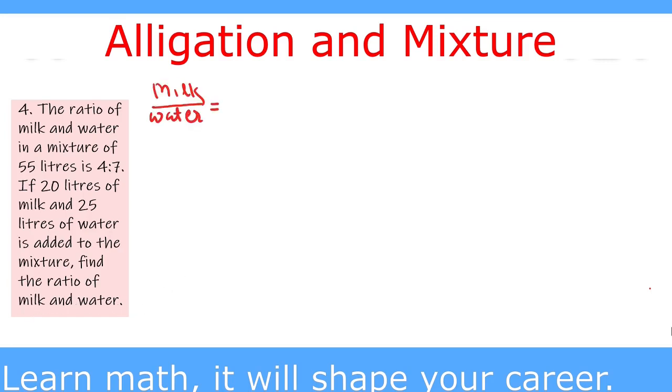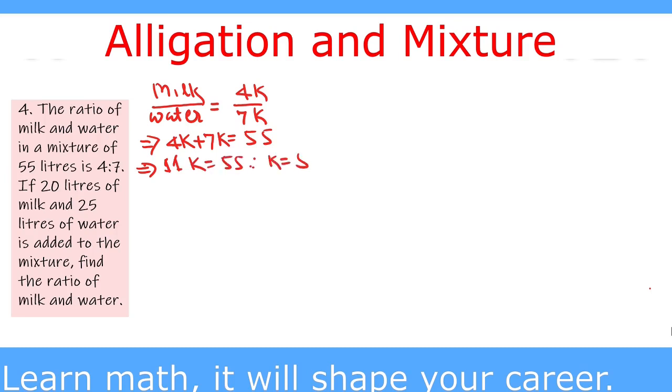It is given that the milk to water ratio is 4:7. So we write it as 4K upon 7K. Milk upon water equal to 4K upon 7K. This gives the total quantity 4K plus 7K equal to 55 liters. 4 plus 7 is 11K equal to 55. Therefore, K equal to 5.